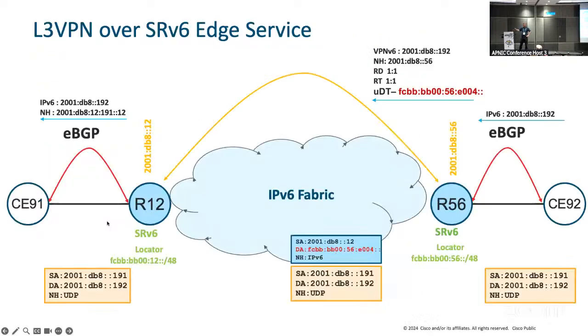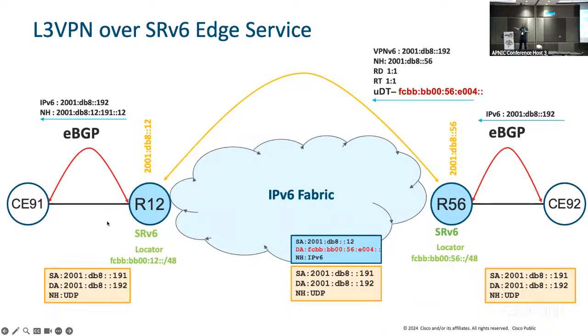Okay, perfect. Now it's there. So this is the topology. As we see here, router 12 is the source node. Router 56 is my egress PE. And I'm running the VPN between router 12 and router 56. On each side, I have the customer equipment, a CE device.